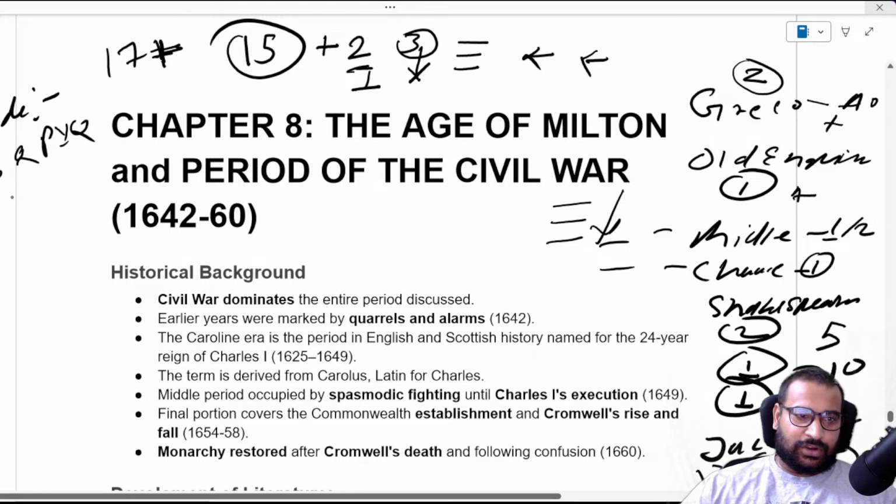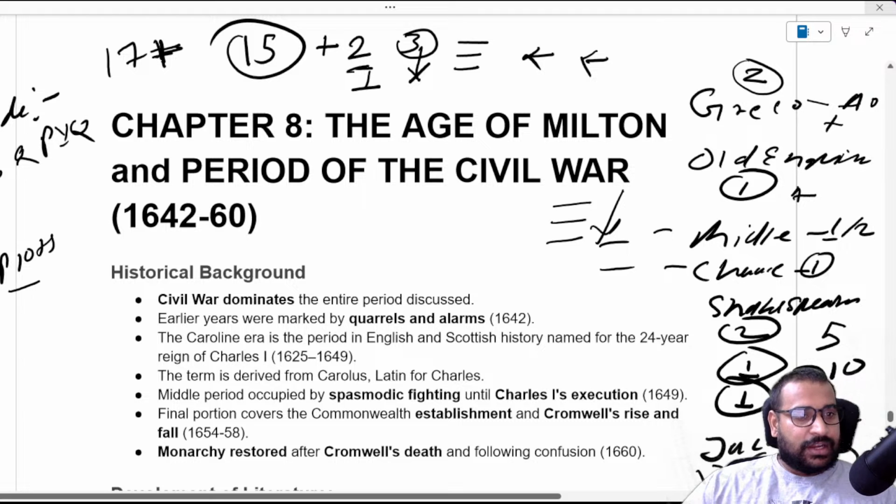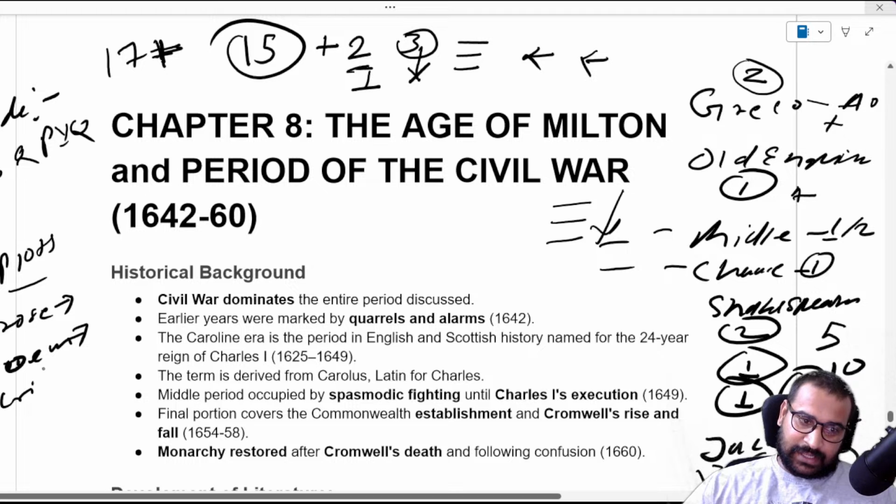We'll also talk about all the plots and the works, which are very important. A little bit about his life also, because they used to ask questions on his life, but these days they don't. They ask mostly about the prose part of his literary career, and one question from a poem itself, and one in criticism, not from him but from other critics about what they said about him.